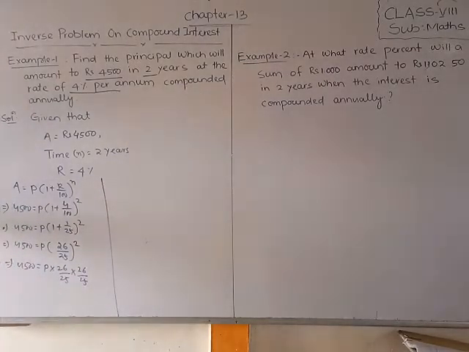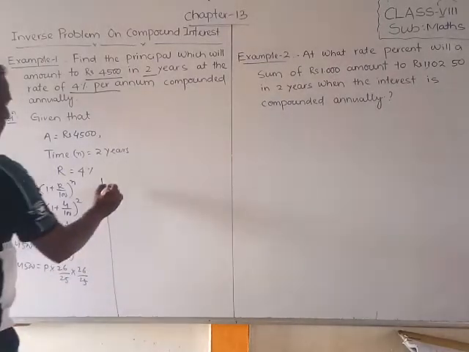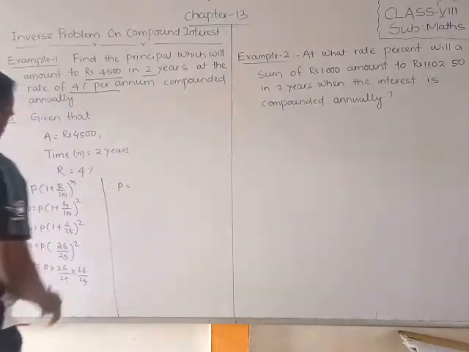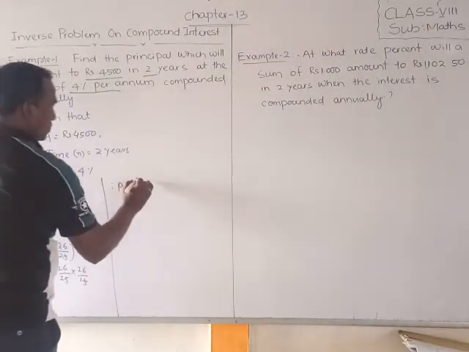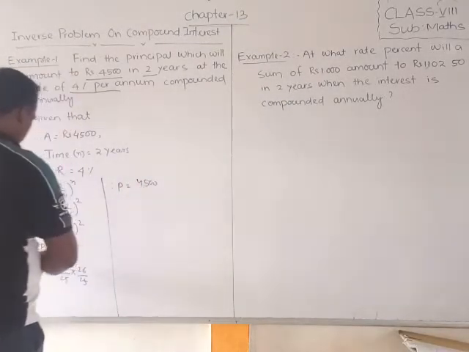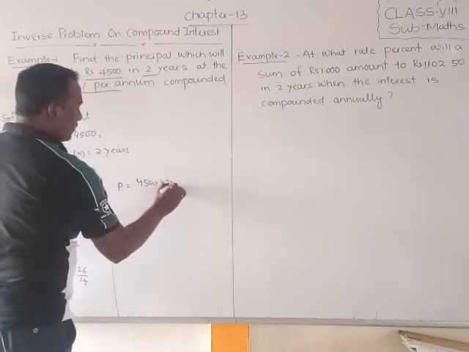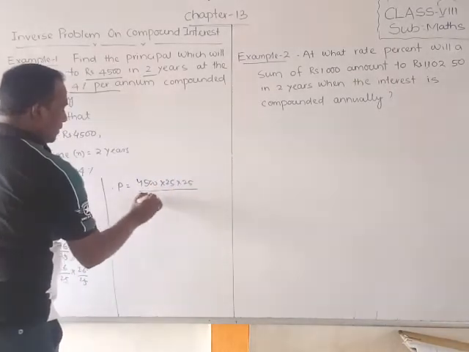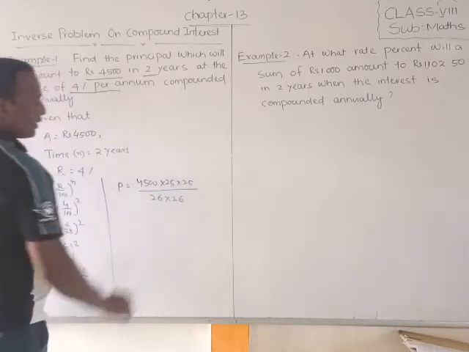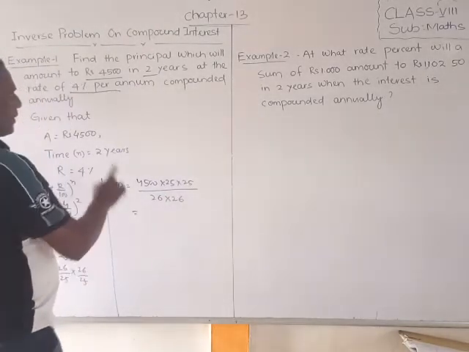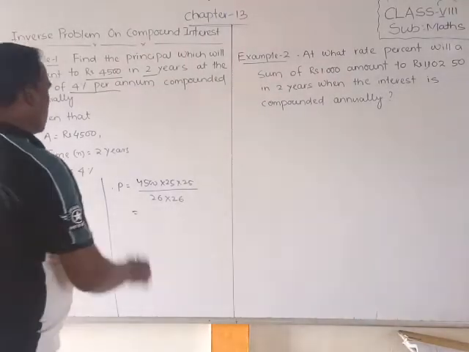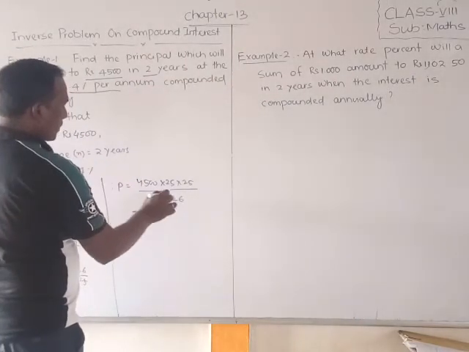Now, when we ask for P, P is equal to 4,500 into 25 into 25 by 26 into 26, since the 26 by 25 is moved to the other side and inverted. Now you can simplify this.